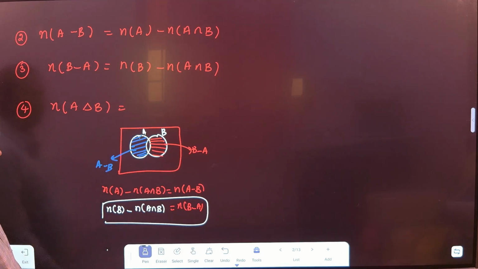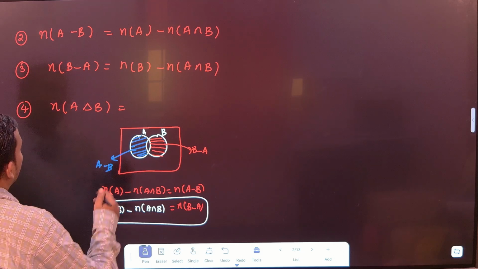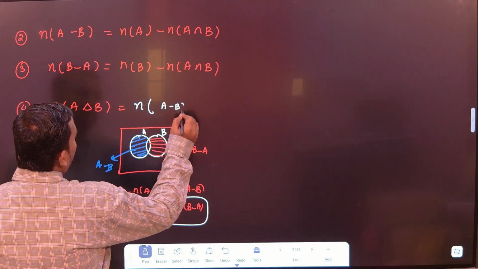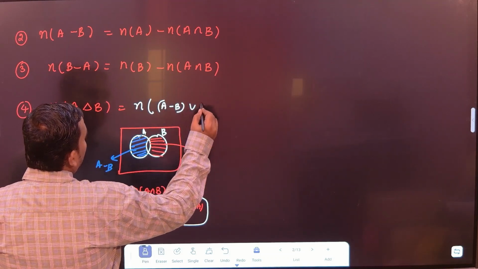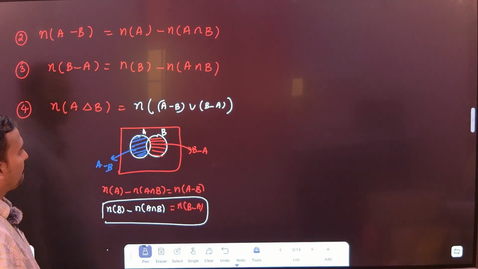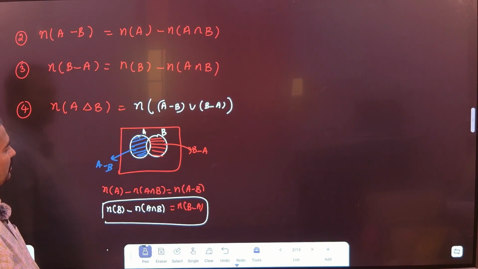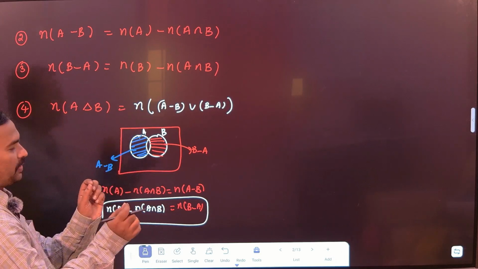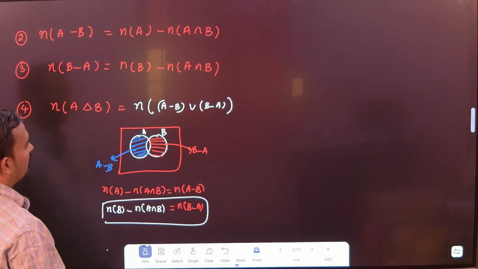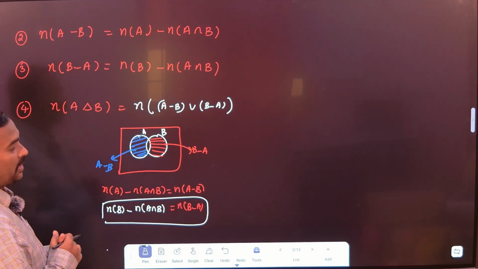The fourth one, you can see A delta B, it's the symmetric difference of A and B. What is the meaning actually? You can write A minus B union B minus A. Correct? Understood or not? The symmetric difference of A and B will be A minus B union B minus A. So equivalently how to write it?